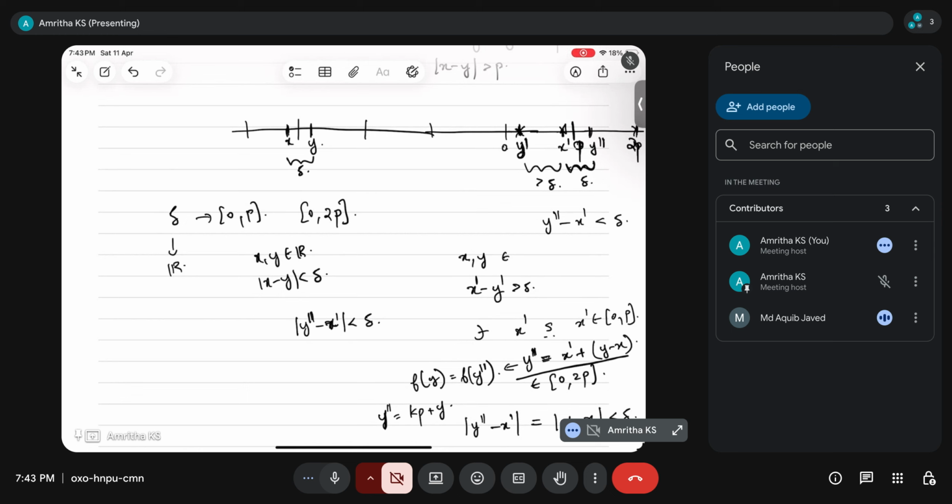Y minus x. Either you define y double dash to be p plus y dash, or you define y double dash to be x dash plus y minus x.